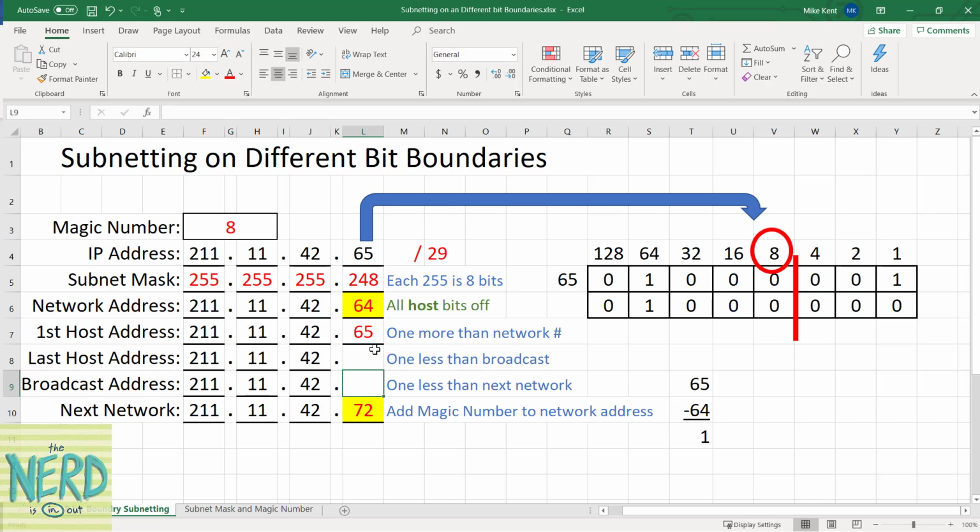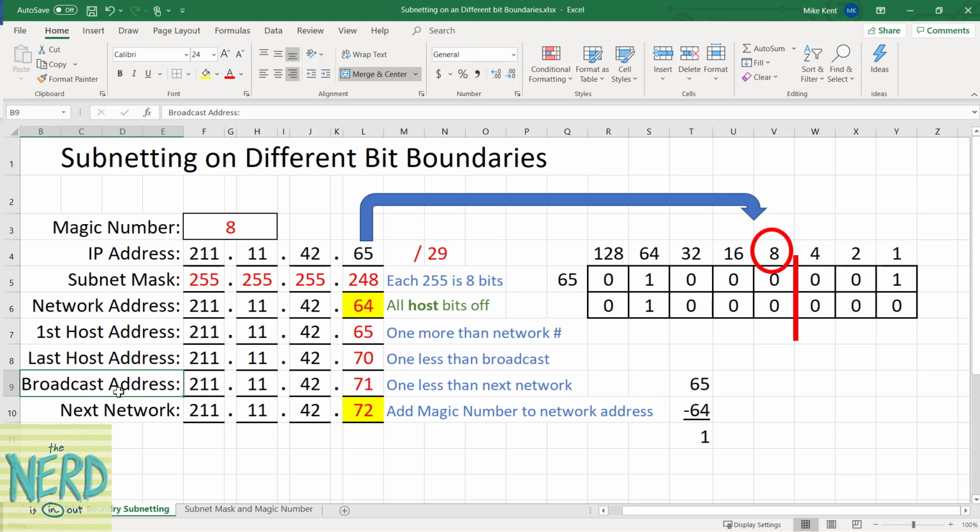The broadcast is 1 less than the next network, and the last host is 70. So the computers that I can assign to this network are 65 to 70. 64 is the network number, cannot be assigned to a computer. 72 is the next network, and 71 is the broadcast where all of the host bits are turned on.